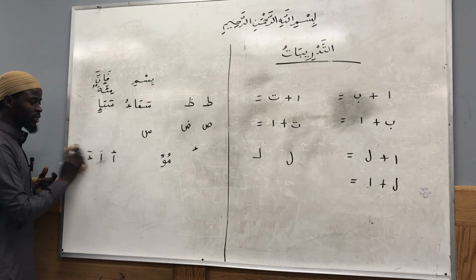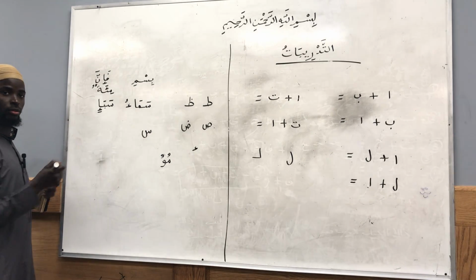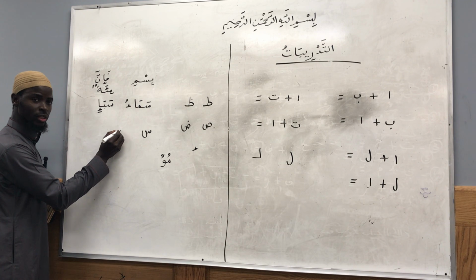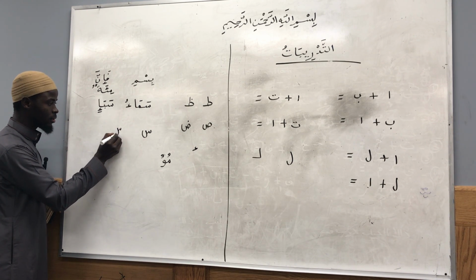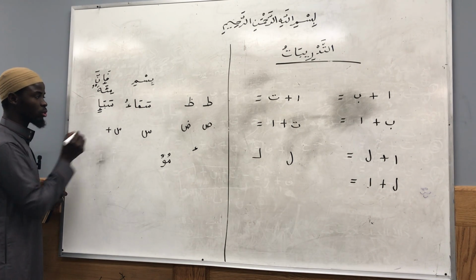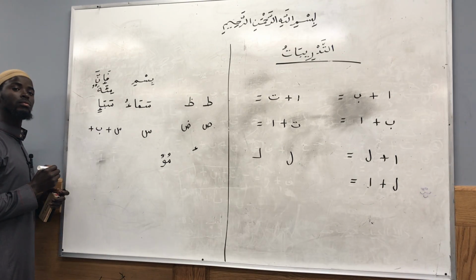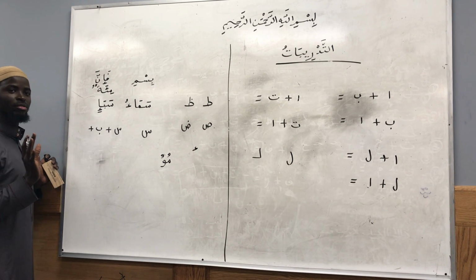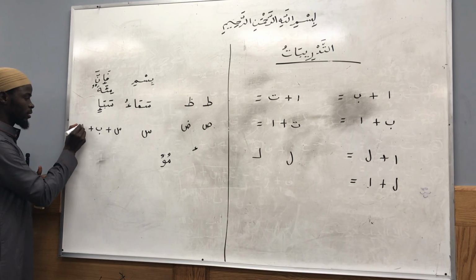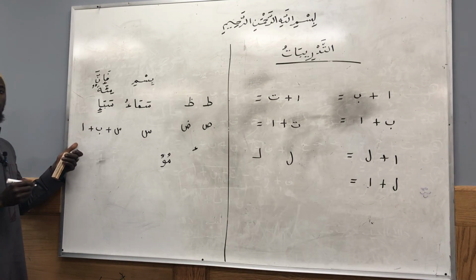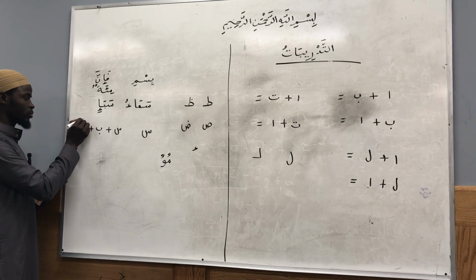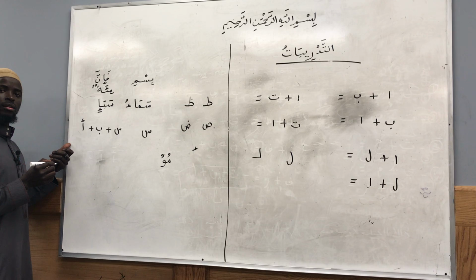If we are going to separate it, we have the first letter, which is sin, plus ba, plus alif. You understand? Now we will look at the alif. This is alif, right?